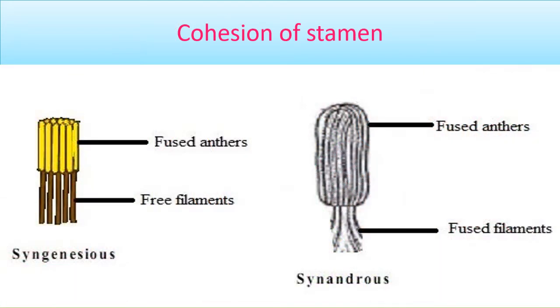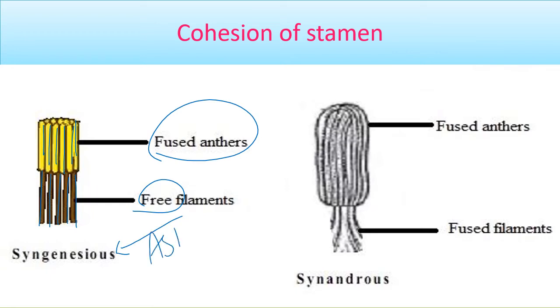Then there are other examples where you can see the filaments are free and the anther lobes are fused. This condition is called syngenesious and it is recorded in family Asteraceae. Here you can see the filaments are fused and the anther lobes are free.